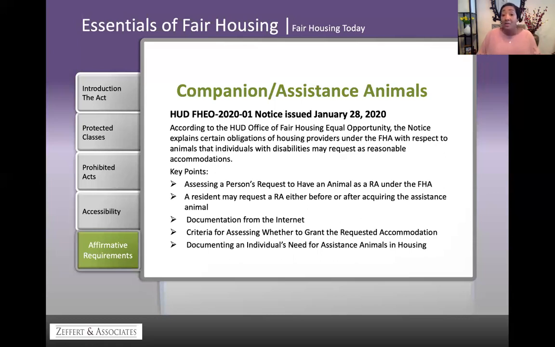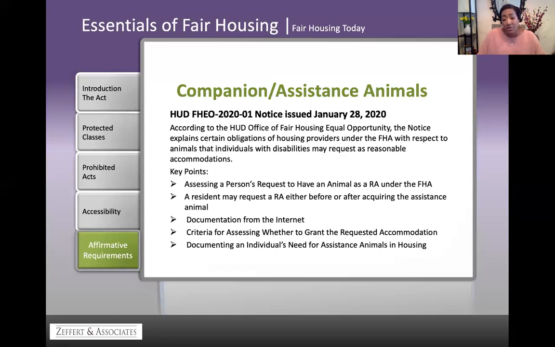There are companies out there online that unfortunately take advantage of those that are disabled, and sometimes those who are just looking to tweak the rules can go to these sites and get a document that says my pet is certified and my pet is registered. HUD said in this particular letter that it considers these websites as taking advantage of people, and that it is a waste of money. That is flat out stated in that letter.